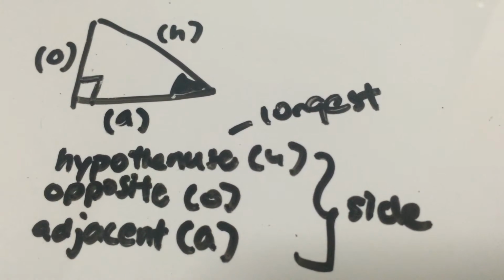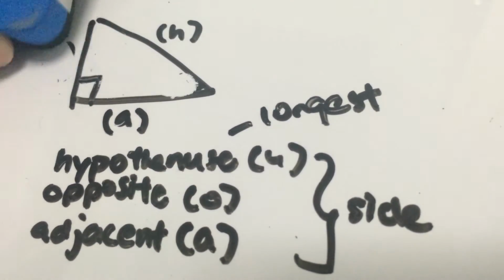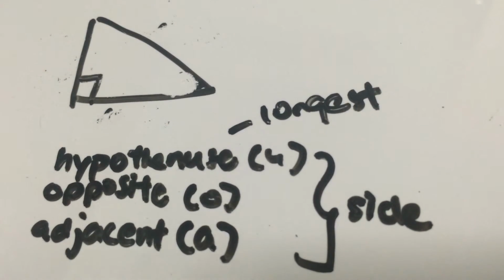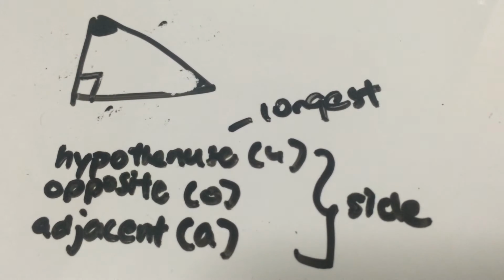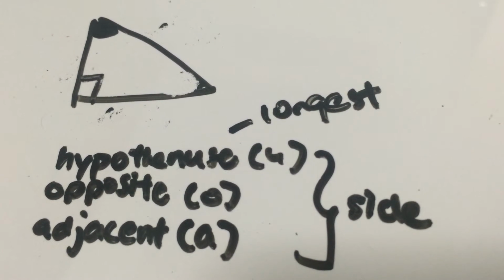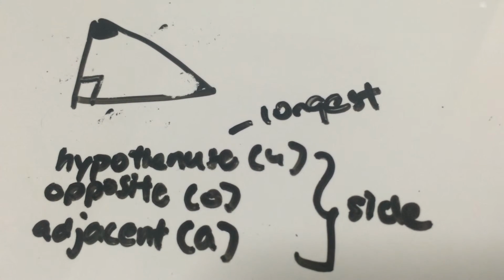So if I were to change the angle from here to, let's say, here, now my angle has changed, and my opposite side and my adjacent side will change as a result.